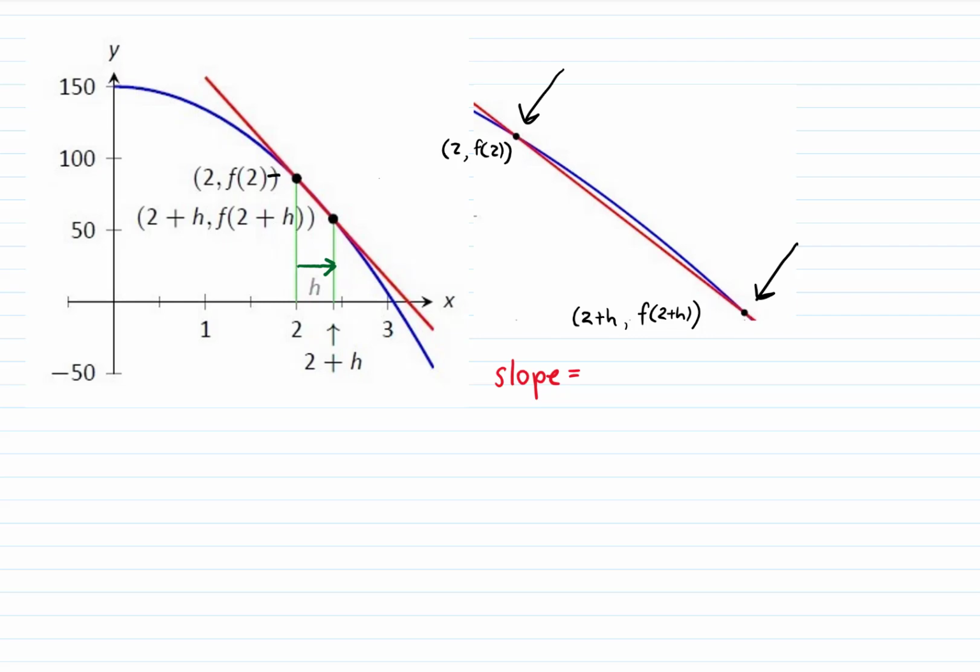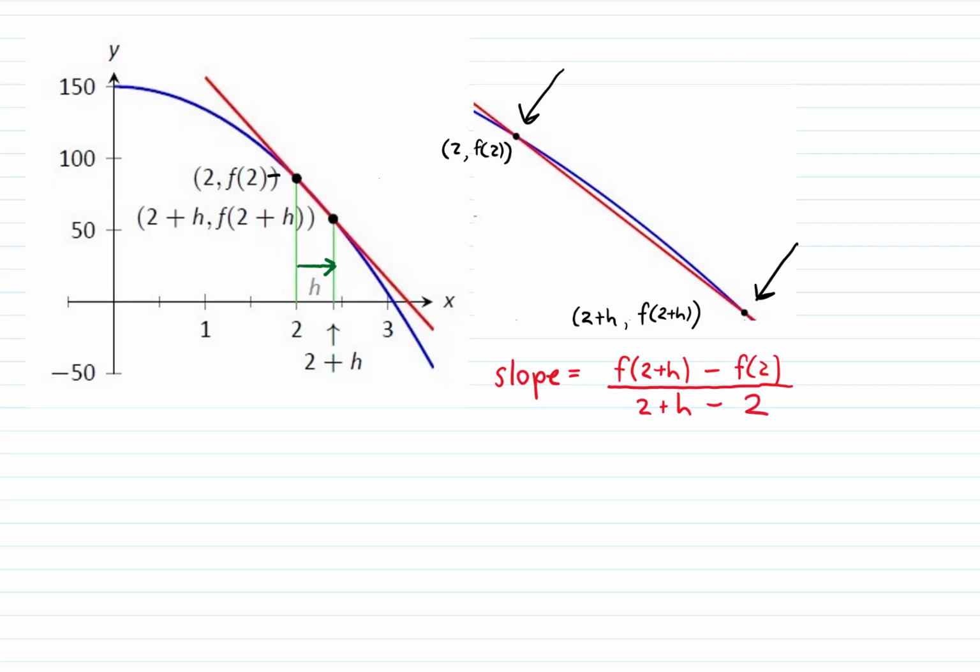It doesn't matter which order I write the subtraction as long as I do it the same on the top as the bottom. So I'm going to write it like this. This y value, f of 2 plus h, minus the other y value, f of 2, divided by the x value, 2 plus h, minus the other x value, 2.